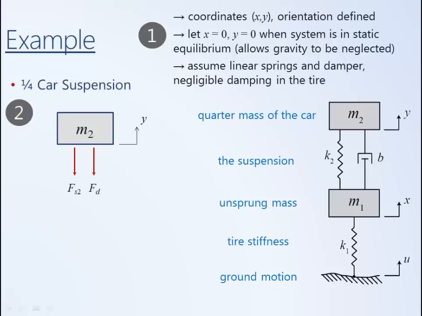We can then express these forces using the linear models that we learned previously. Specifically, the force generated by the spring is linearly proportional to the deformation. Since this spring can move on both ends, its deformation is going to be the difference between the motion of its top point and its bottom point. Therefore, the force will be proportional to y minus x.